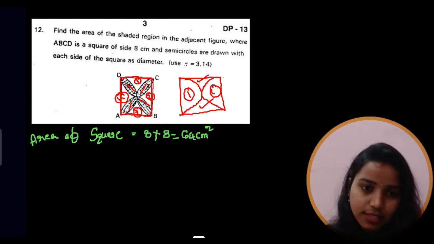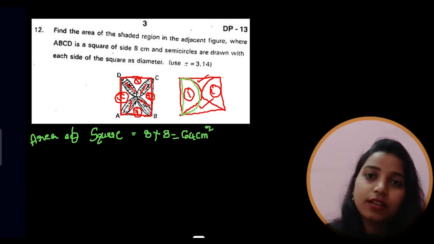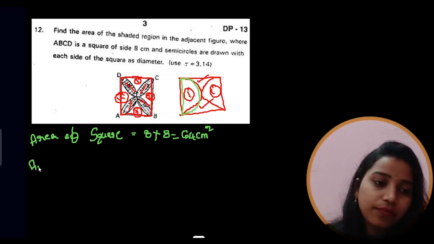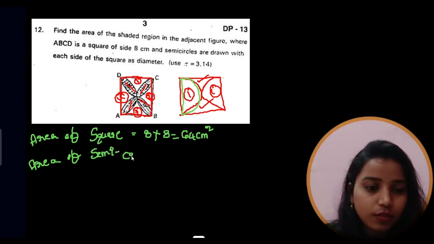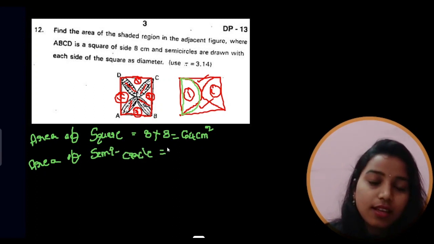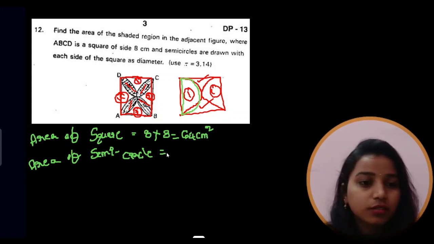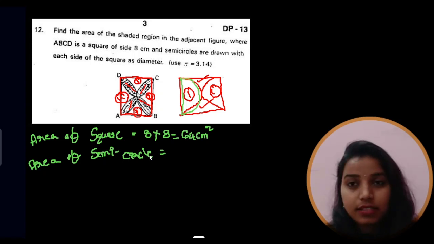Now from this, I would like to find the area of the semicircles. So what is the area of a semicircle? A full circle's area is pi r square, and if it is the perimeter, then it is 2 pi r.